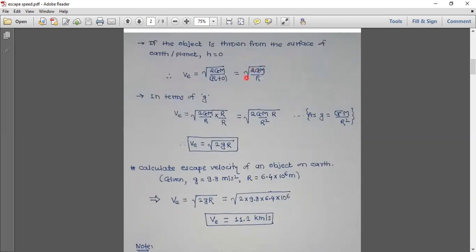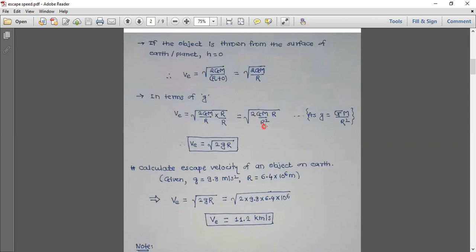Next, now this formula I want in terms of gravity. So for this formula, I am multiplying and dividing by r. So root 2GM by r into r by r. This is root 2GM r by r square.